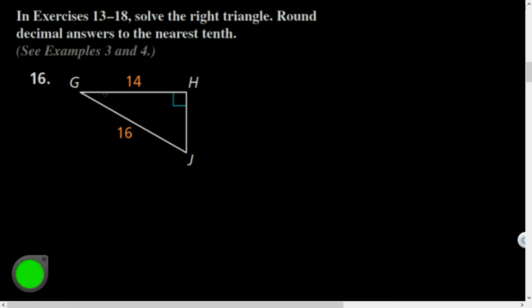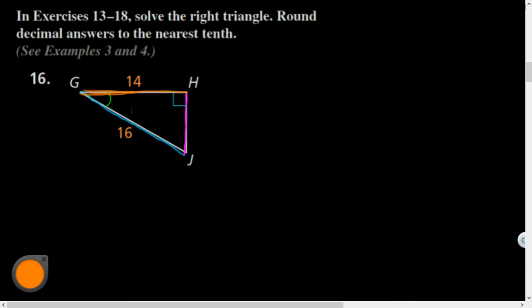So I'm going to go for angle G, and from angle G's perspective, the hypotenuse is 16, which would also be true from angle J's perspective. The opposite leg is this unknown length, HJ, and the adjacent leg is GH, right there.